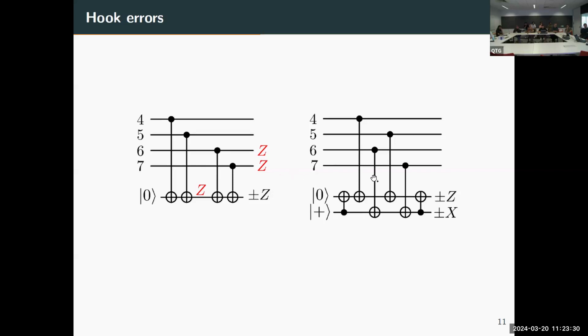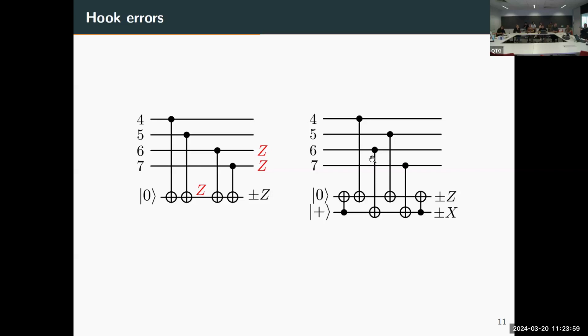It used to be that one would say a circuit was fault tolerant if correctable errors anywhere in the circuit didn't propagate to uncorrectable errors on the code block at the end, and so this would just be an example of not fault tolerant. These days you call it a hook error. I think a hook error is specifically where the single error is on the ancilla. Yes, so it's a specific example of failure to be fault tolerant.